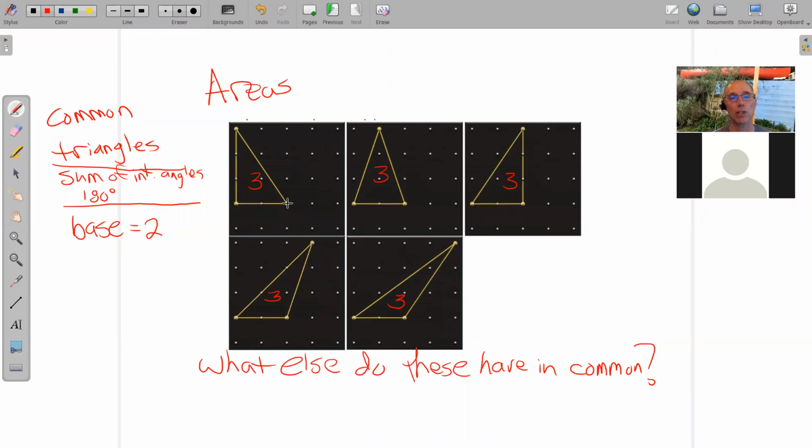Look across the bottom, base of 2, base of 2, base of 2, base of 2. Now, once we identify that base, we can say there's a ground level right there, which is the same ground level here. And these guys all have the same ground level. How high is the tip of each of these triangles off the ground?